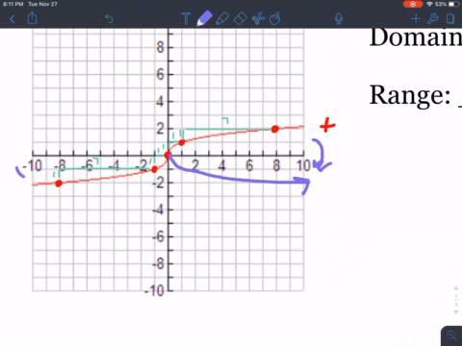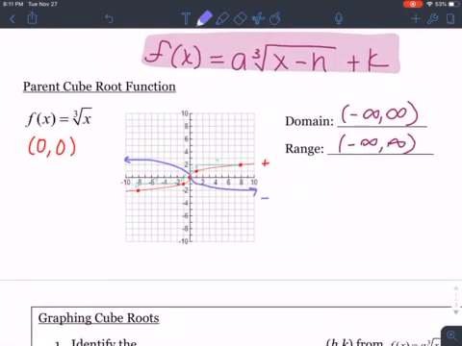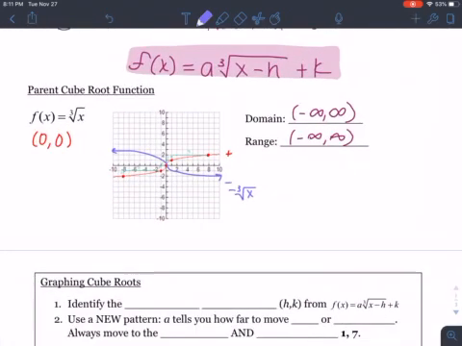So then this side will reflect up, and it will go like that. So our negative function looks like that purple graph. The negative goes down towards the negative values. So that would be our negative cube root of x, just so you know.